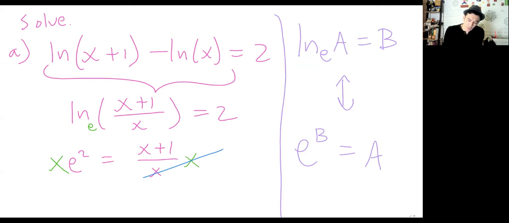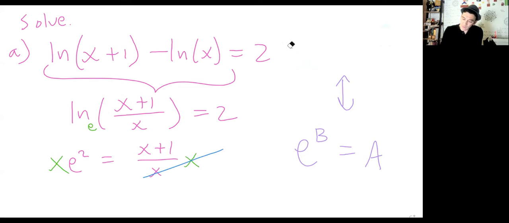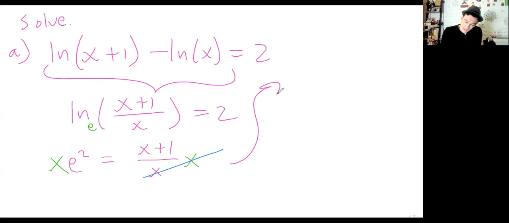And then anything that has an x, let's move it to one side, and anything without an x, let's move it to the other side. So what do we have? We have x e squared equals x plus 1. Let me move this x to the other side.